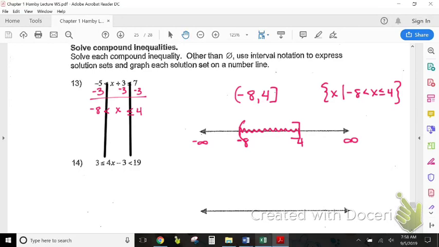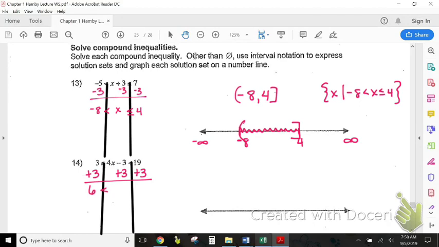Alright, so 14. So how are we going to solve for x? Okay, add 3. Remember what you do to one, you do to all 3. That's what I like about drawing those lines down like I do out of the inequality, or I even do it out of the equal signs a lot of times, just so I can see what's happening to one part's happening to all, so it should be equal.